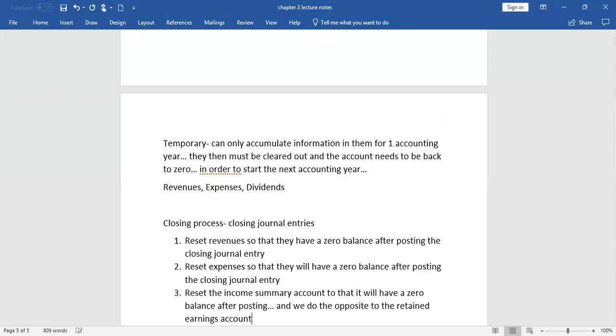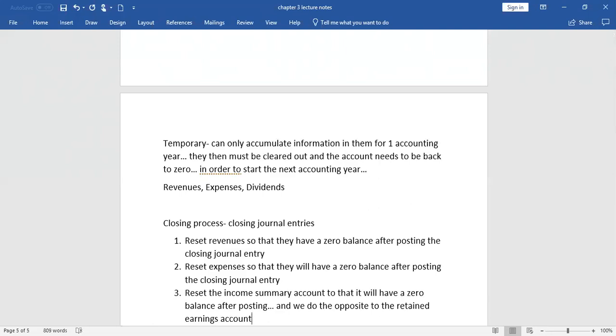Whoa. So now we're going to create a T account for this thing called retained earnings. And I'm doing that right now next to my income summary account. So now any earnings from this year need to be put into the retained earnings account.